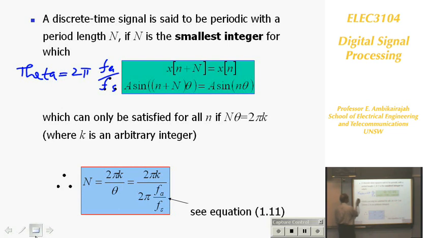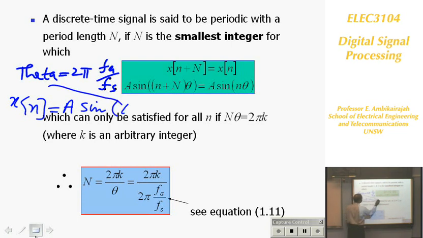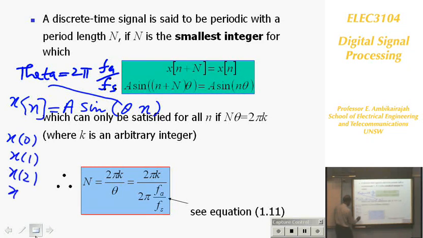Then you write a program to calculate x(n) is equal to A sin(theta times n). You say n equals 0, you calculate that. n equals 1, you calculate this. n equals 2, so you get the values x0, x1, x2, x3, and so on.